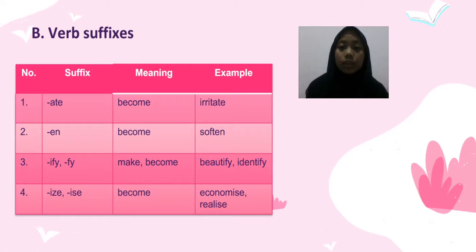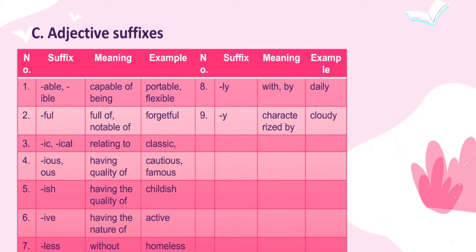Number 2, suffix en, the meaning is become, for example, soften. Number 3, suffix ify and fy, the meaning is make and become, for example, beautify and identify. And the last one is number 4, suffix ize and ise, the meaning is become, for example, economize and realize.